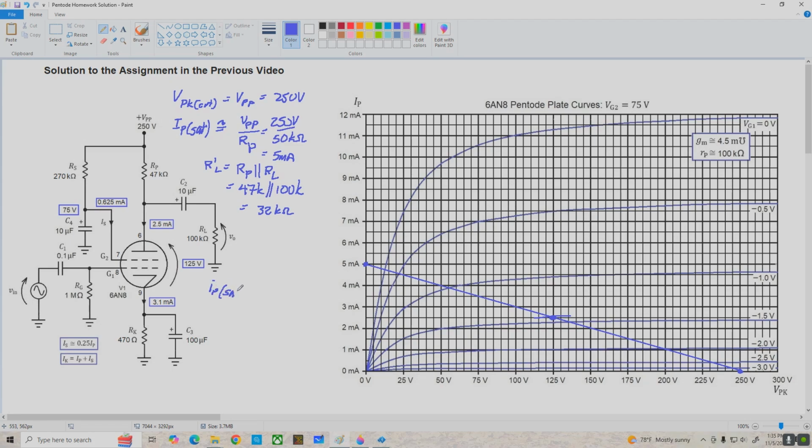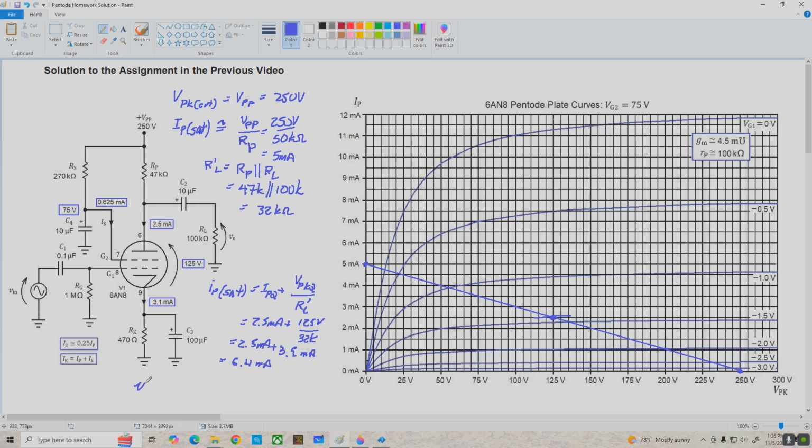IP SAT is IPQ plus VPKQ divided by R prime L. So that's 2.5 milliamps plus 125 volts divided by 32K. So we've got 2.5 milliamps plus 3.9 milliamps, and that is 6.4 milliamps. So there's our plate saturation current.